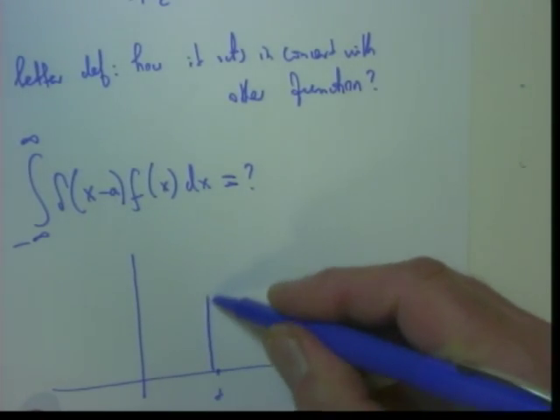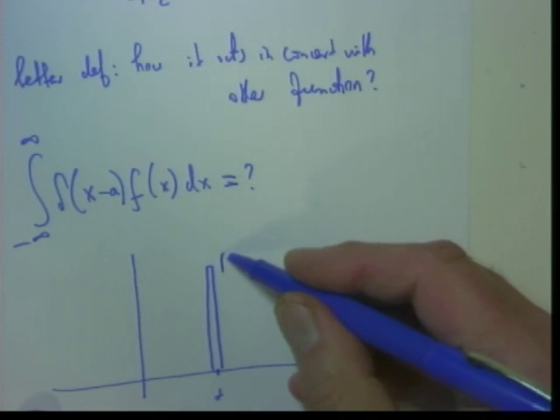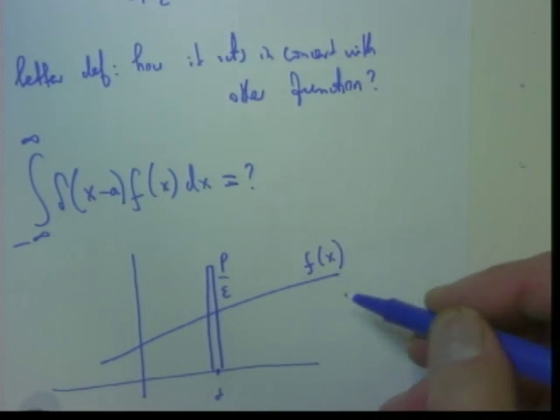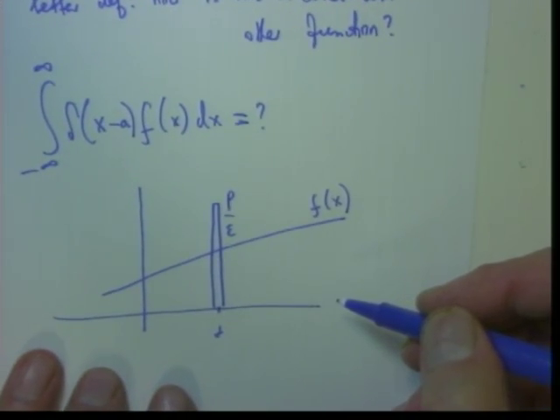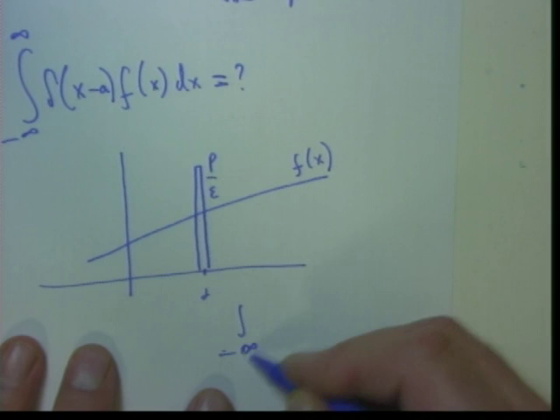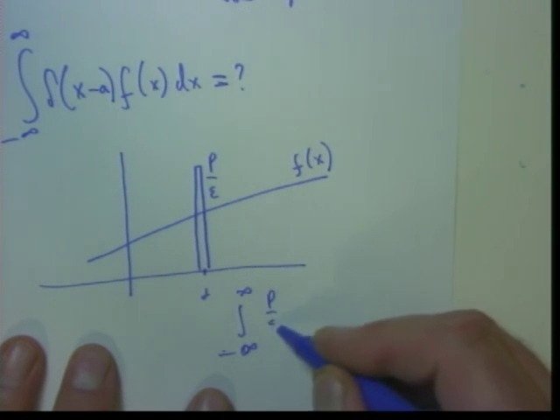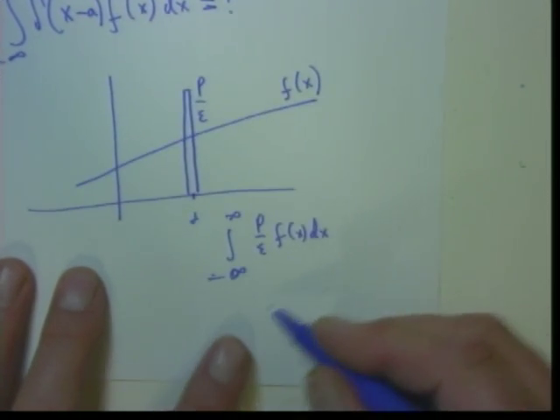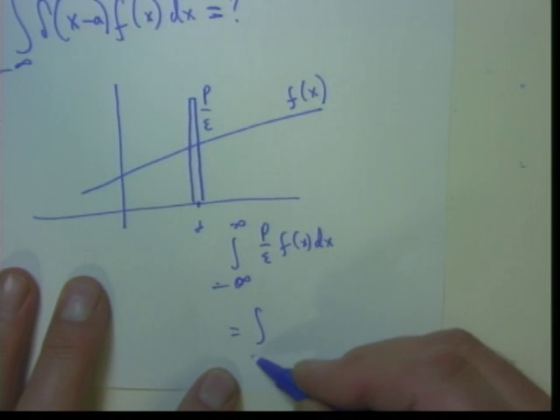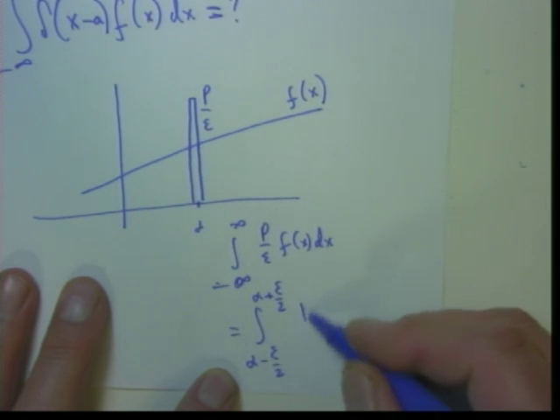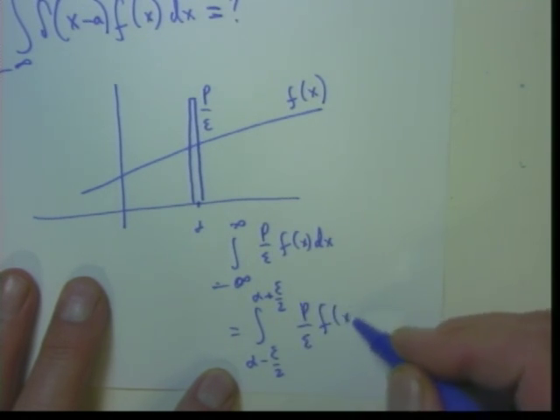Imagine I took this alpha and represented it like this, P over epsilon, and I multiply here by f of x and I want to integrate, say, between minus infinity and plus infinity, P over epsilon f of x dx. Now this actually equals the integral from alpha minus epsilon over 2 to alpha plus epsilon over 2 of P over epsilon f of x dx.